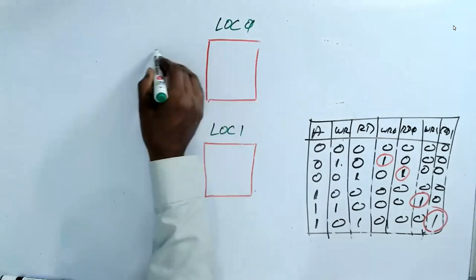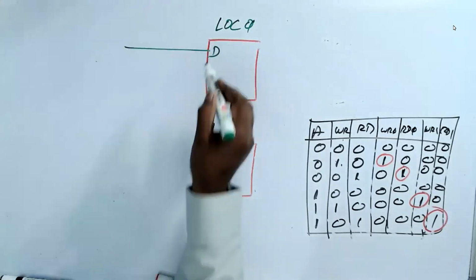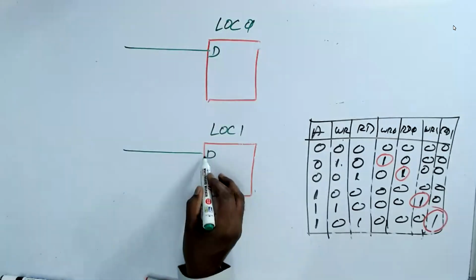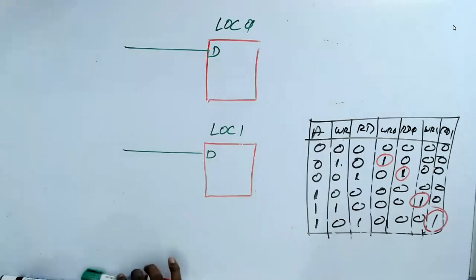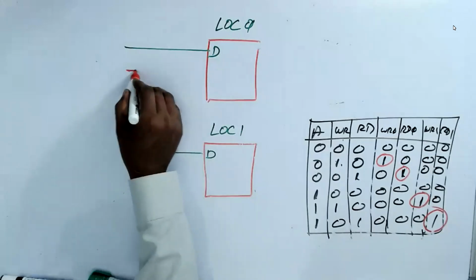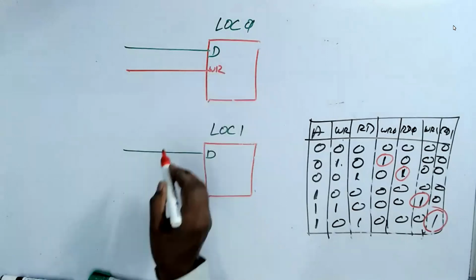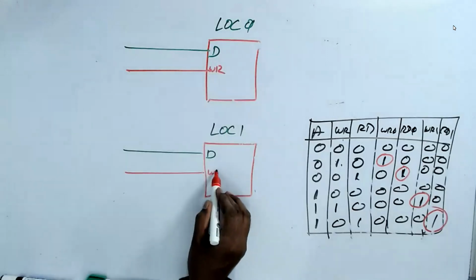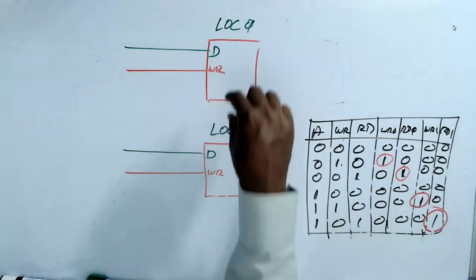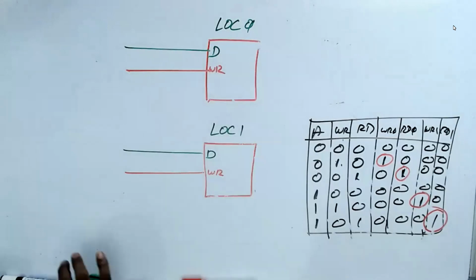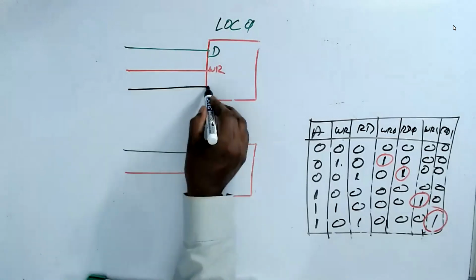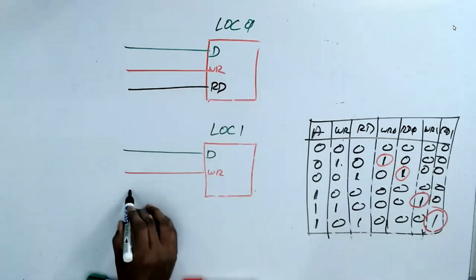And this guy is having a D, and this guy is having a write. Same block, I copied the same block, no difference at all. Then this guy is having a read.